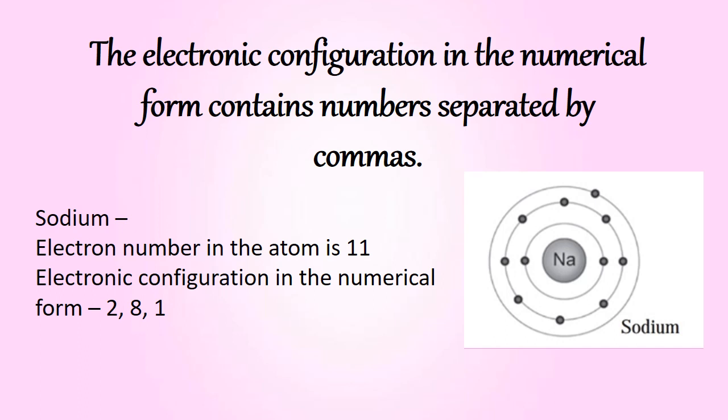It means that the total 11 electrons in sodium are distributed as 2 in the K shell, 8 in the L shell and 1 in the M shell. The electronic configuration of an atom can also be represented by the shell diagram shown alongside. So you can show the electronic configuration in the diagrammatic form also, as I've put it on the screen.